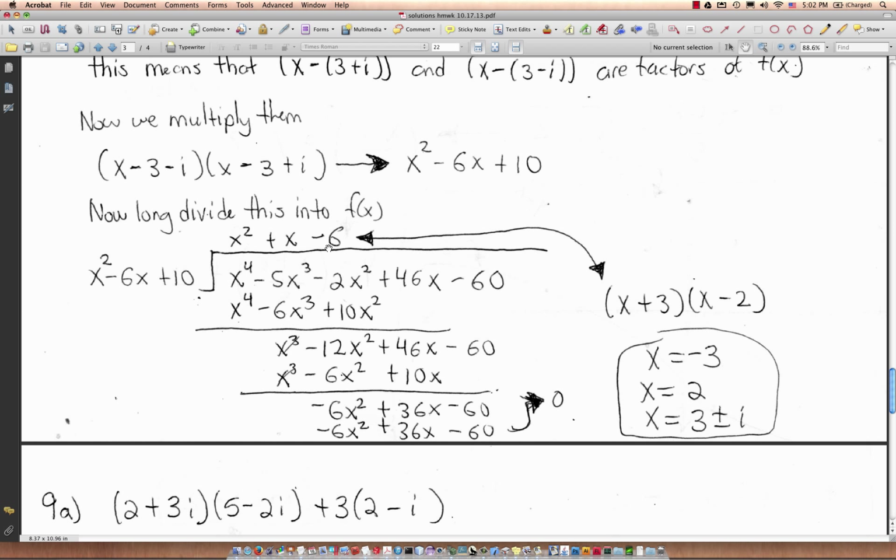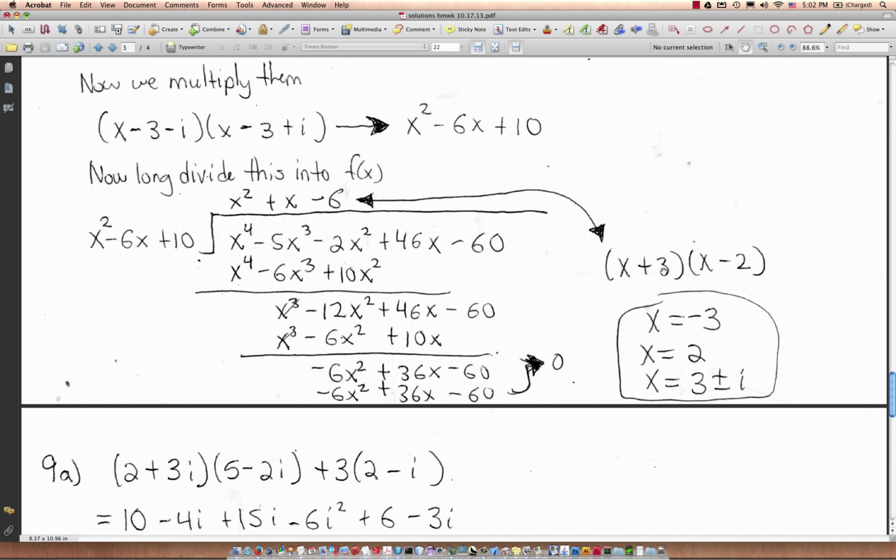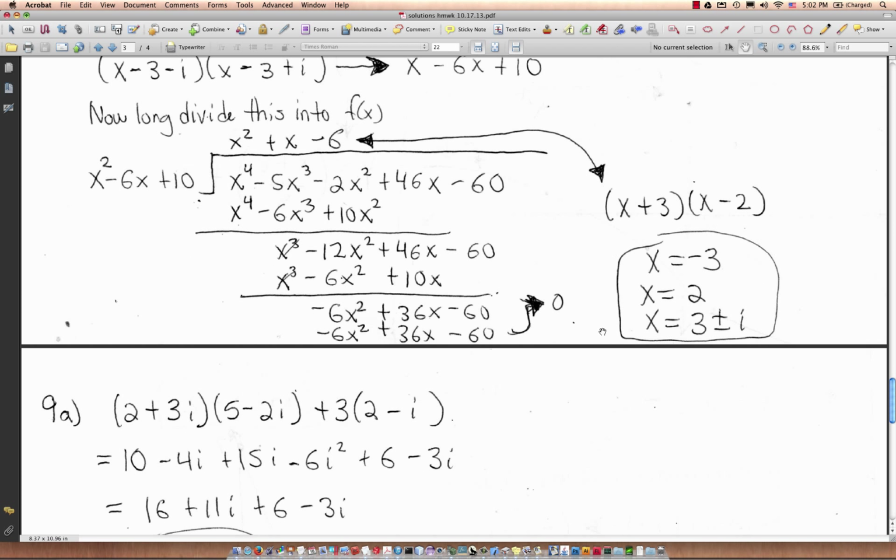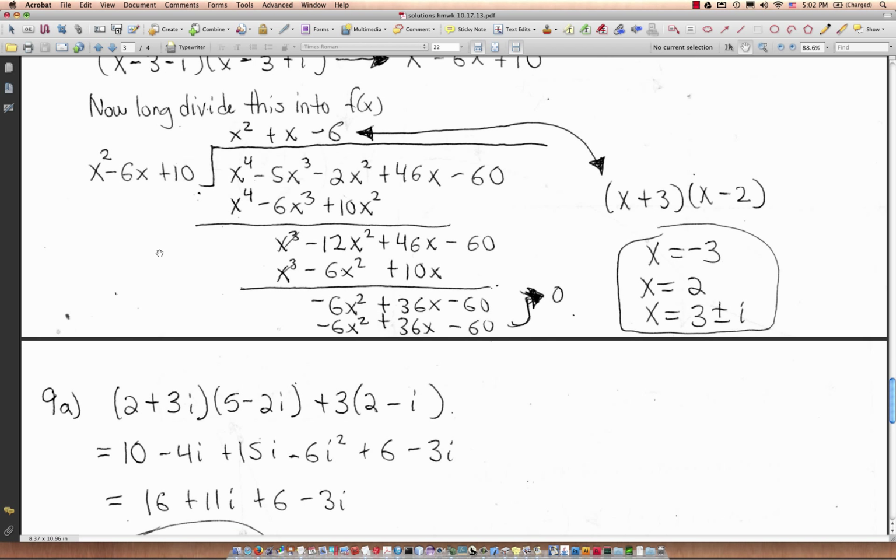Minus 6. We get a remainder of 0. This is what we get as a quotient. So this is factorable. This becomes x plus 3 times x minus 2, which means the zeros are -3 and 2. So what I've done is I've circled all the zeros. -3, 2, 3 plus and minus i. Those are all the zeros of the function.